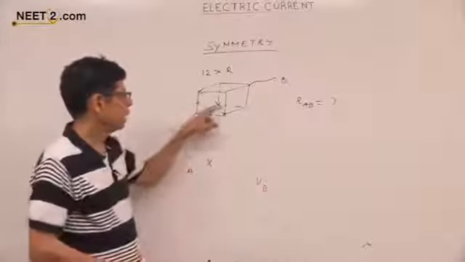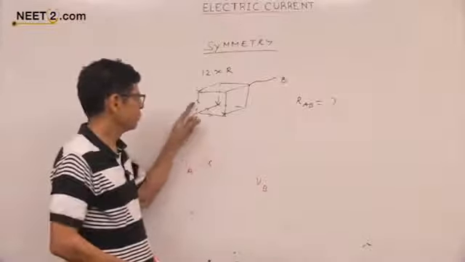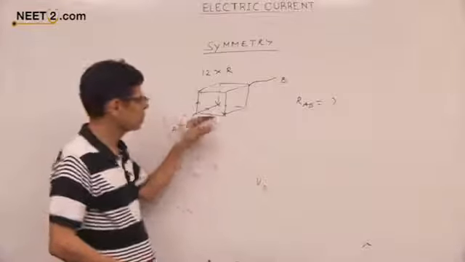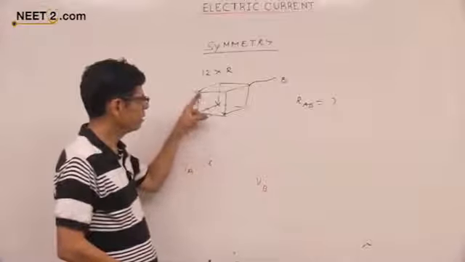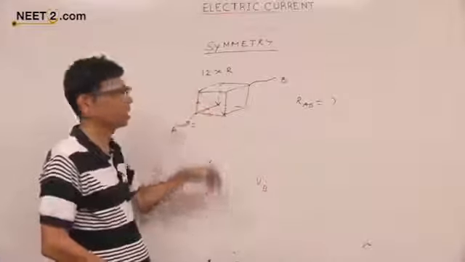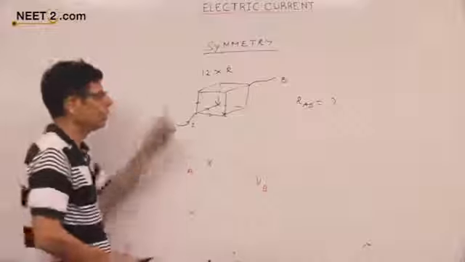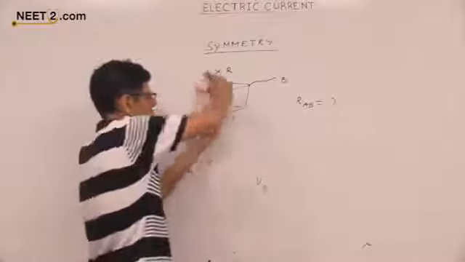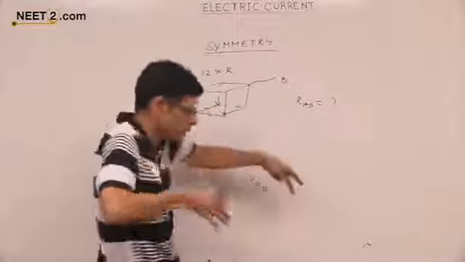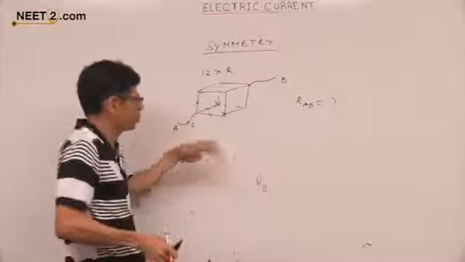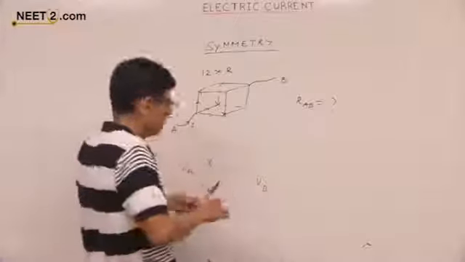Now I had to argue in terms of I by 3, I by 3, I by 3, because in 3D it is more difficult to see that these points are symmetrically similar and therefore the potential would be the same. But you can do that by putting that cube like that and having a look like this, and you can see down all the edges that's the same story, and so the potential here would be equal.